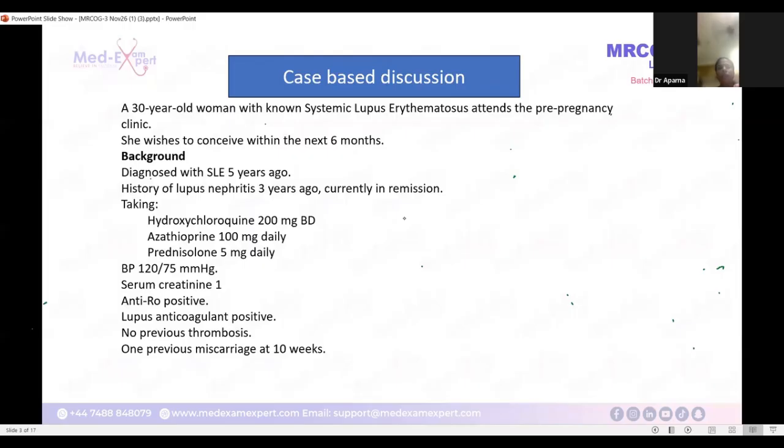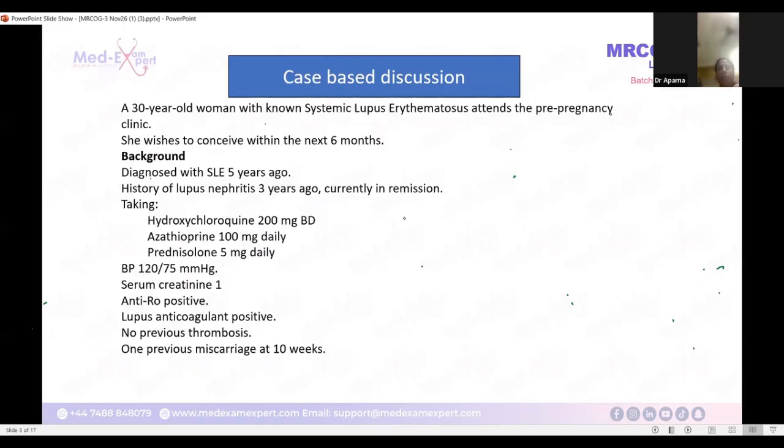About the rest of the history, I would like to know whether she has any other medical condition apart from systemic lupus erythematosus, her surgical history, her height to weight ratio, her blood group, reservations for blood transfusion if any need arises, her drug history, her personal habits, and the support at home.